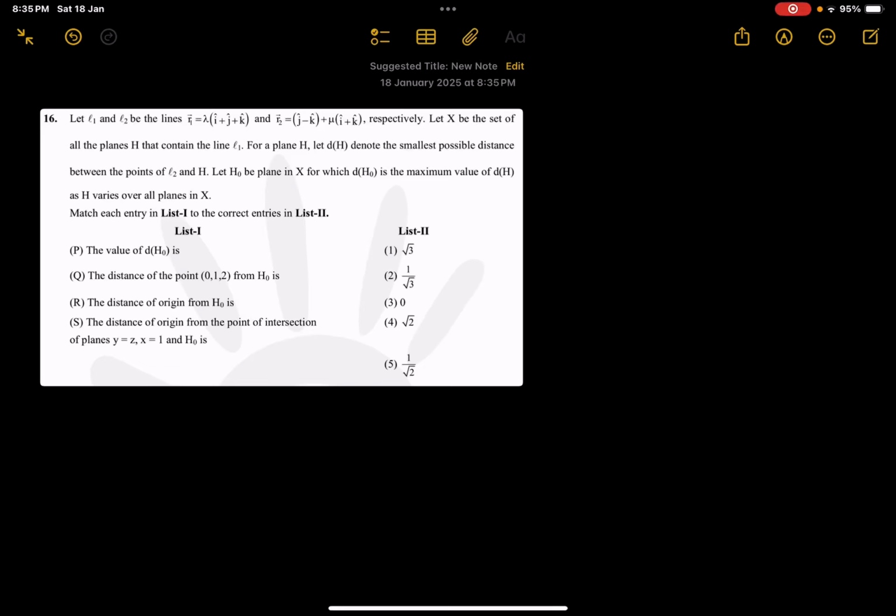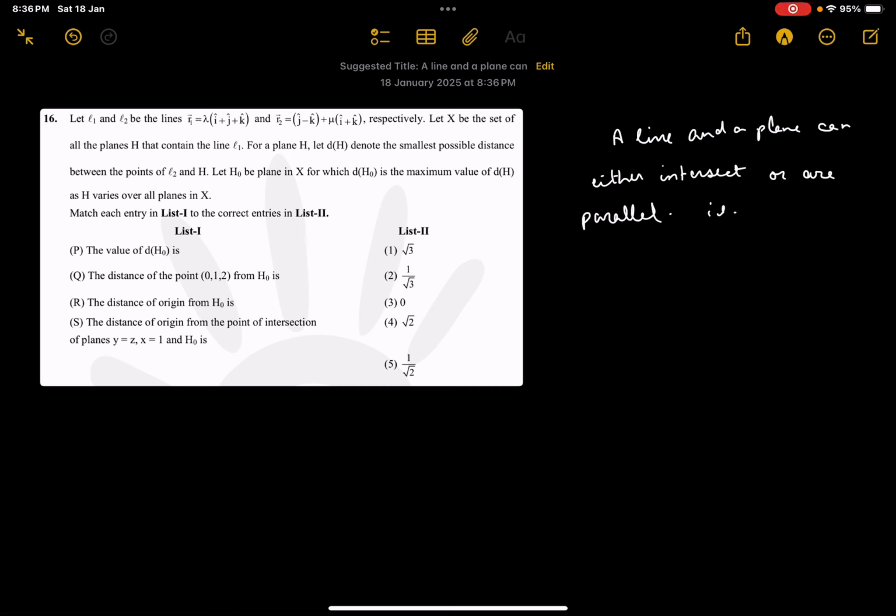For this question, the thing to remember is a line and a plane can either intersect at a point, or rather can either intersect or are parallel.